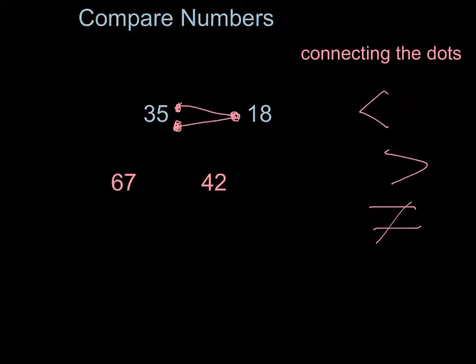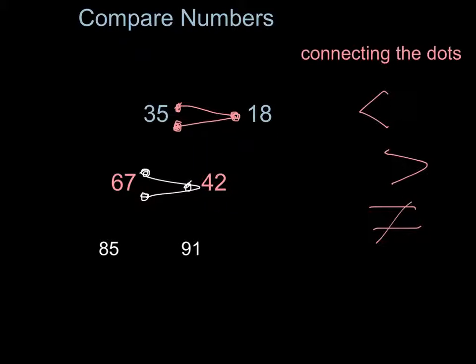Okay, so here are two other numbers that you can try, 67 and 42. And so let's connect those dots. 67 is the larger number, so two dots on 67, one on 42. And there we go.